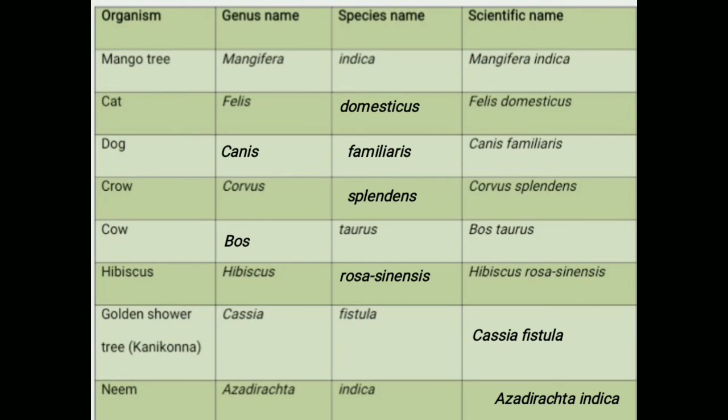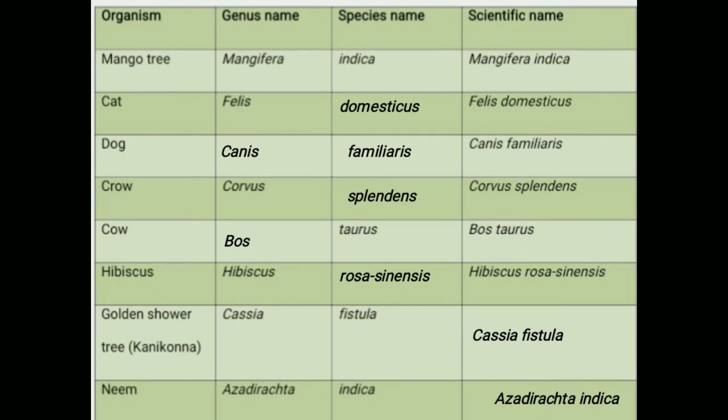Is there any peculiarity in the font? Yes, the scientific names are given in italics. So that is one rule of binomial nomenclature. See here all names are given in italics. The scientific names, the genus name and species name are given in italics.